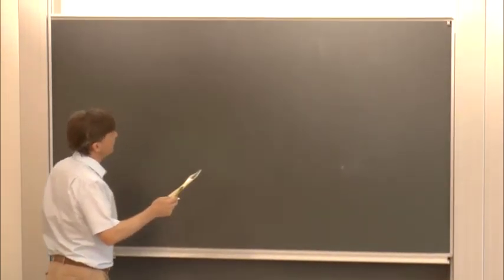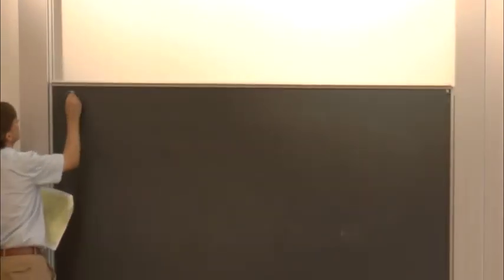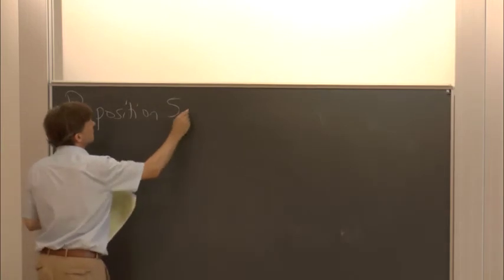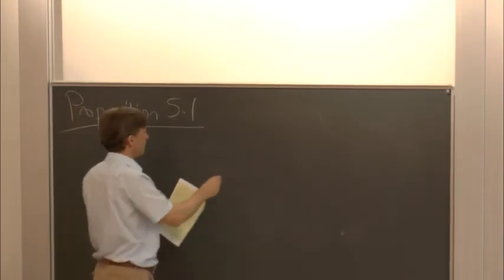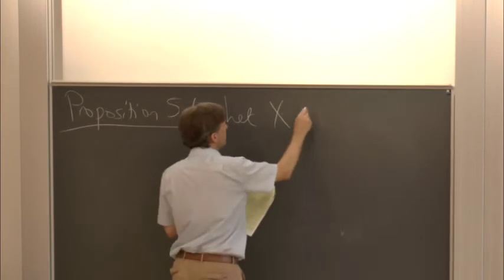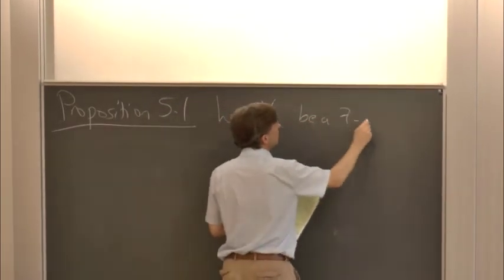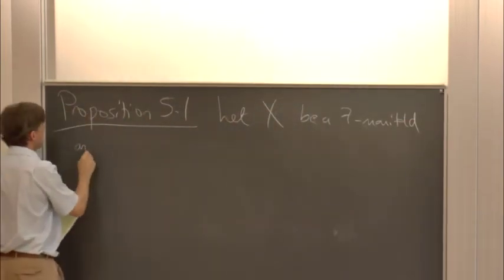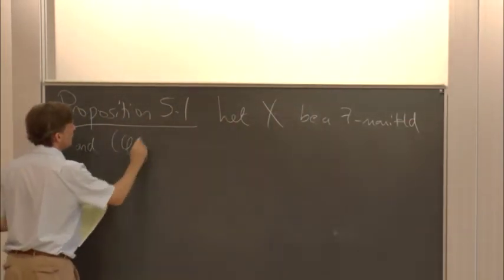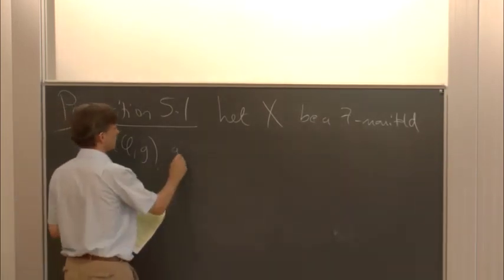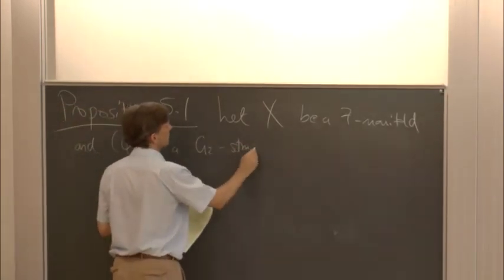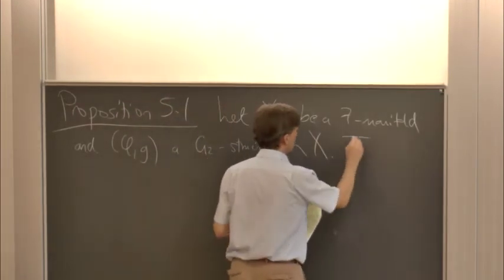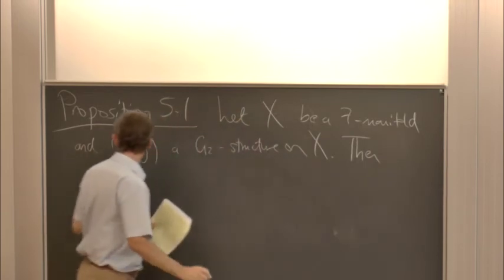Okay, so let's state a proposition. Let's call it proposition 5.1. Let big X be a 7-manifold and phi comma g a G2 structure on X. Then the following are equivalent.